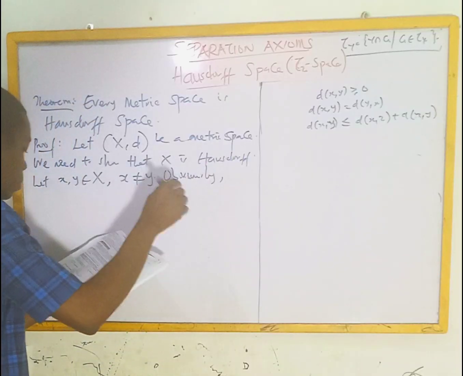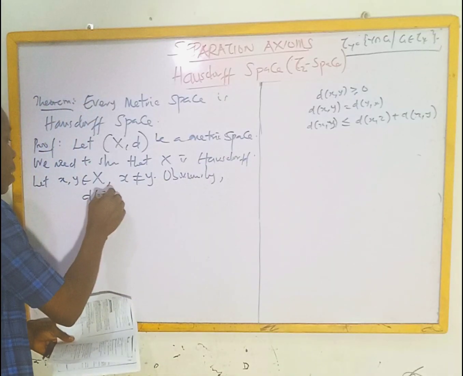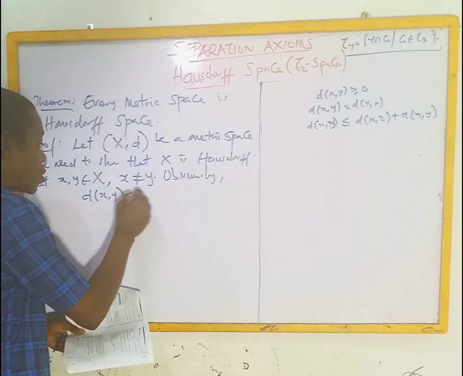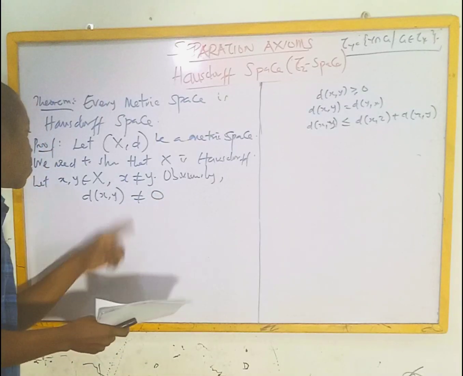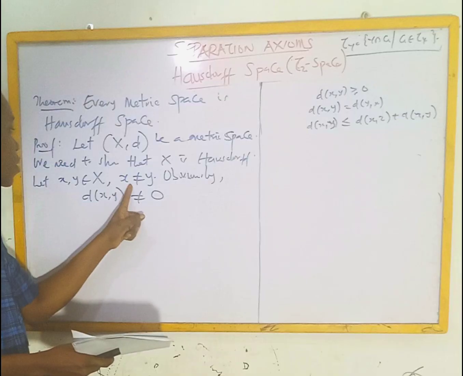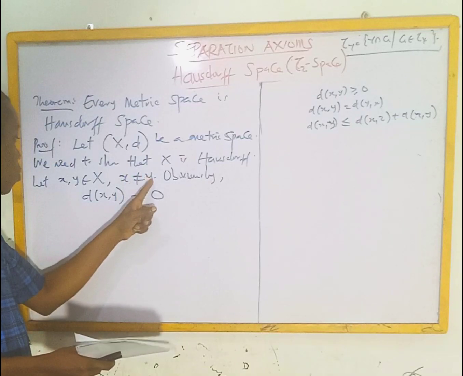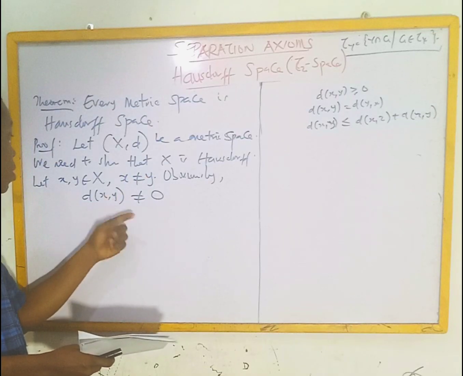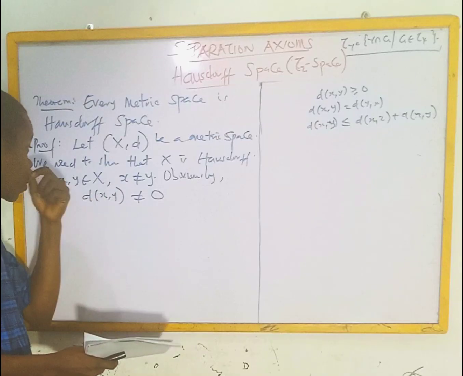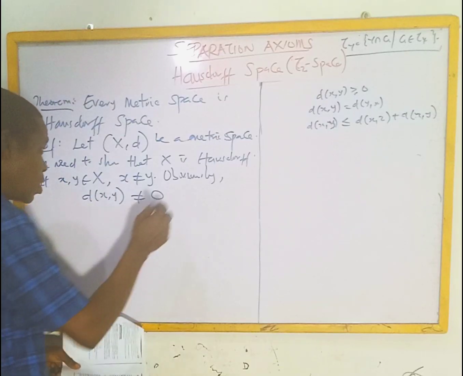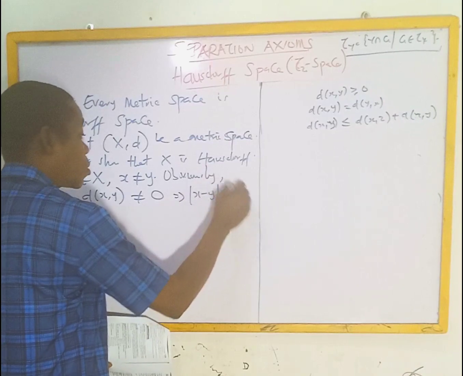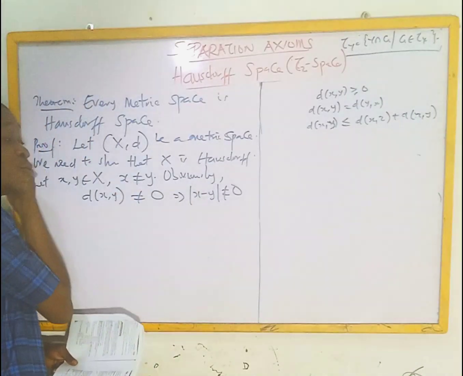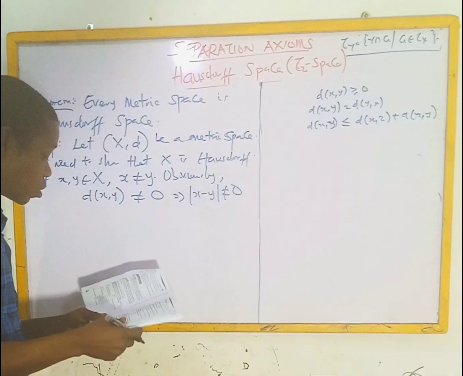Obviously, we can have that d(x,y) is not equal to 0. If x is equal to y, definitely that will be 0. But here it shows that d(x,y) is not equal to 0, because x and y are not the same point.